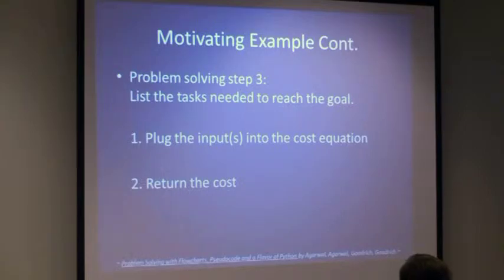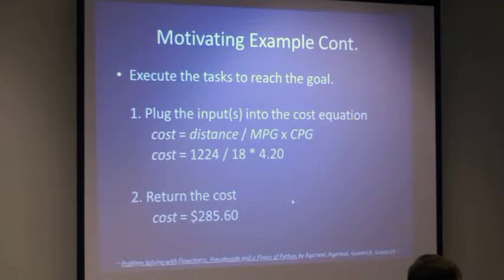If you write a function, you would return the cost, okay? But we are not going to discuss functions for a while. Towards the end of the course, we'll have functions. So what tasks do you need to execute to reach the goal? You got to do this calculation basically. And the cost turns out to be this.